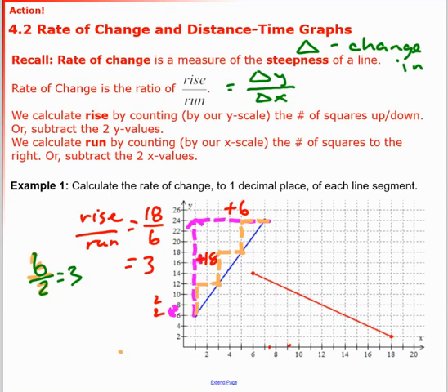The next one said, what if you subtracted the 2 values? Okay, so you have to see, where are we at with our y? So our rise and our run would mean that we are going from one y value, subtract the other y value.